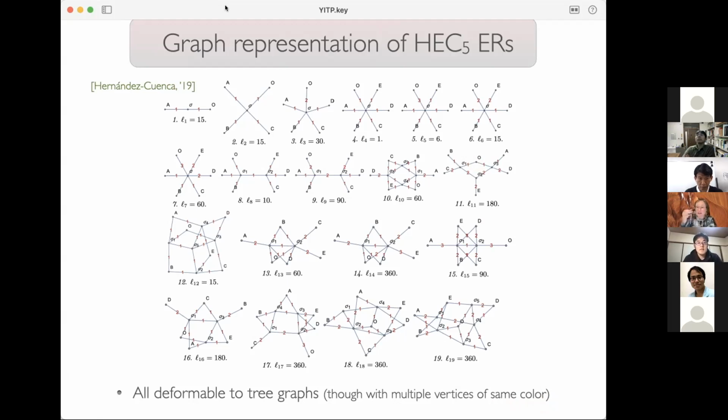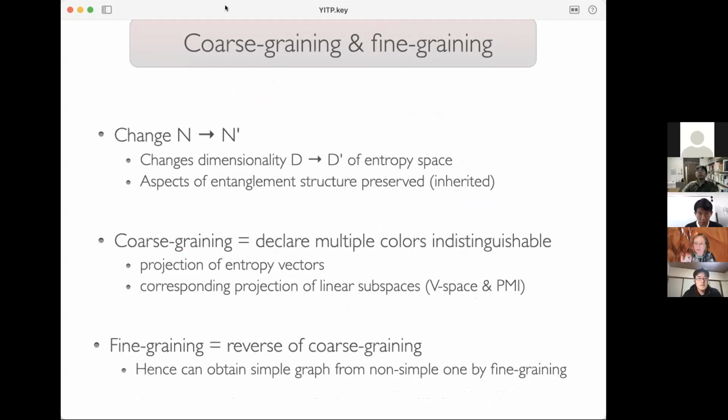So the next important step is to convert it into a simple tree graph. And that happens with the process of fine graining. That is all achieved by considering what happens when, instead of some number n of partitions, we have some different number, let's say n prime, of partitions.